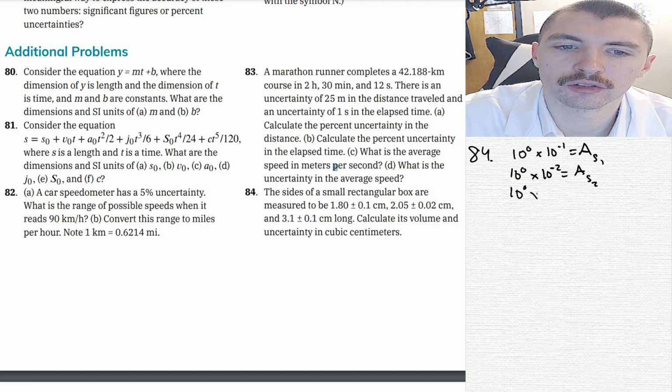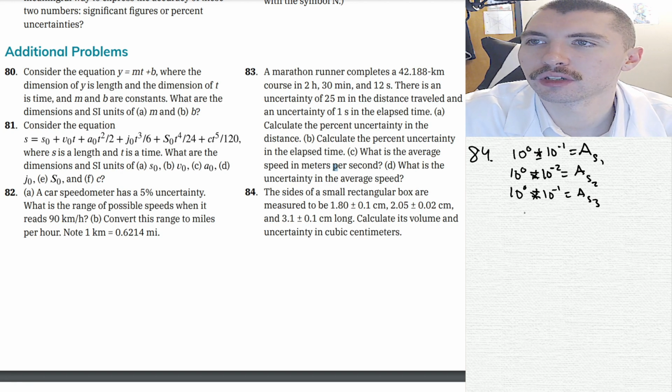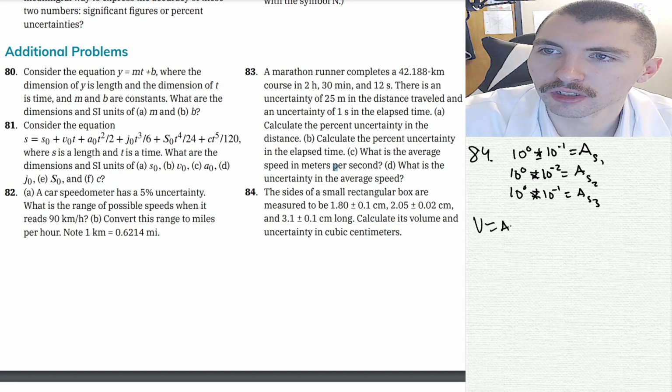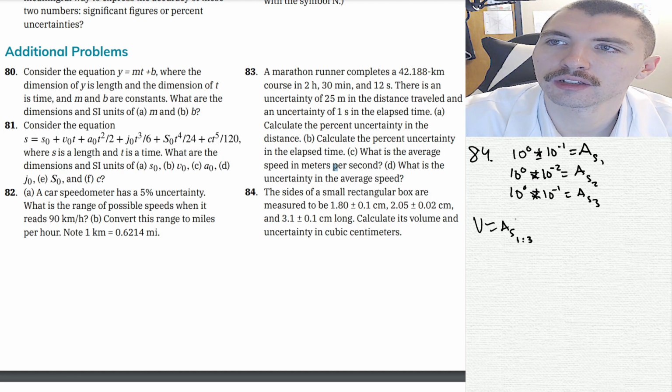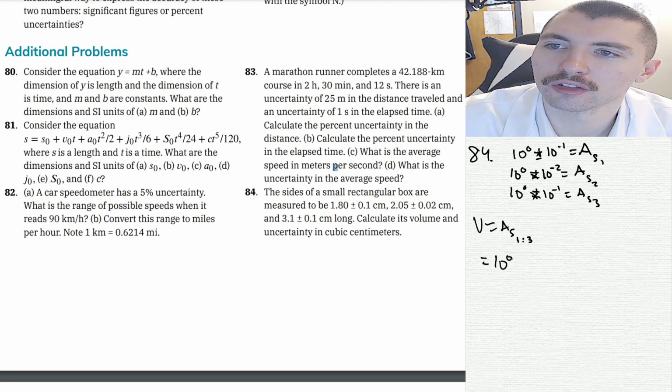And 10 to the 0 times 10 to the -1 equals area of side 3. Volume. Okay, so this is plus minus. I'm sorry. Plus minus. Okay. So we want V equals the product of sides 1 to 3. Okay. So that's going to be 10 to the 0 plus minus.